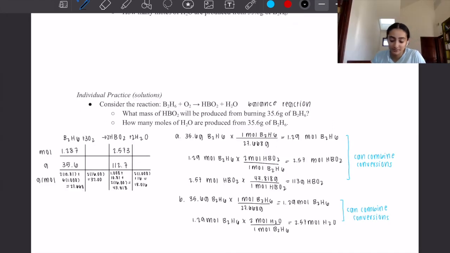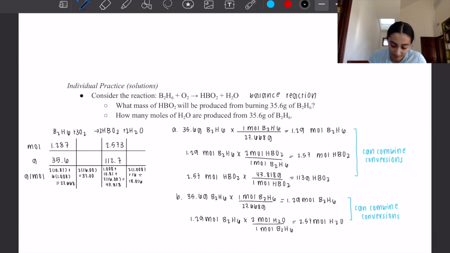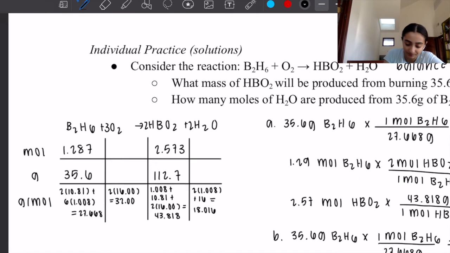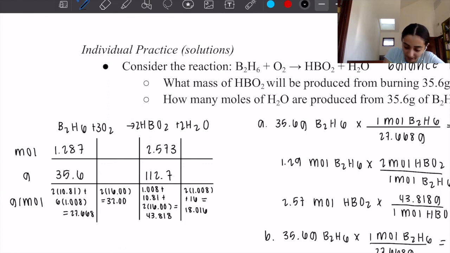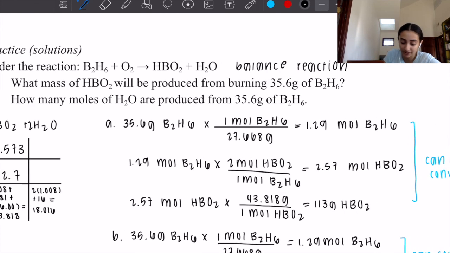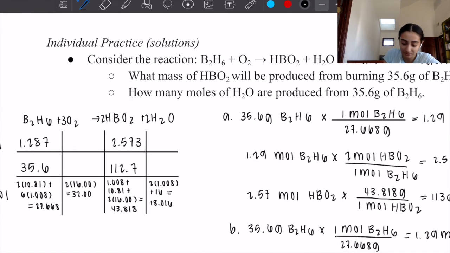Okay, so let's go over the answers for this problem. I did the conversions all separately, but I did write over here that you can combine them. So I first balanced the reaction. I did not show my chart, but I put a 2 in front of the HbO2 and a 3 in front of the oxygen. So I'm going to start by calculating the mass of HbO2 that will be produced from burning 35.6 grams of B2H6.